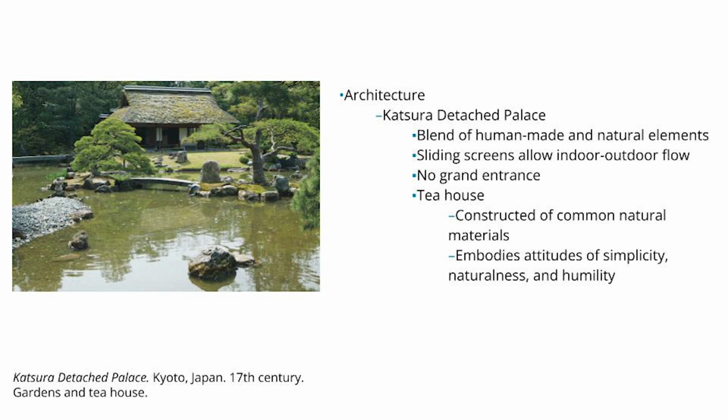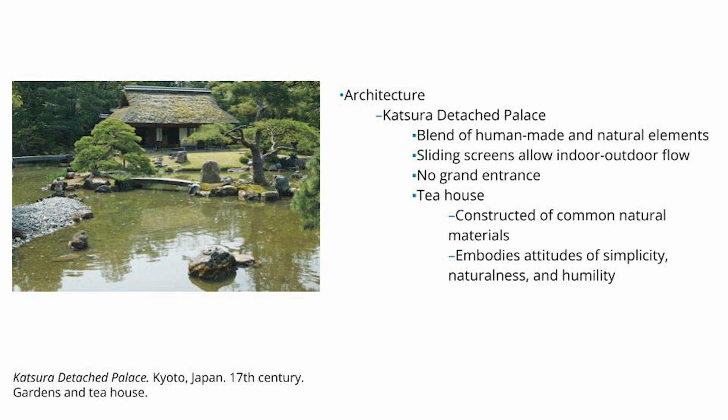And there was no real grand entrance here. It was really down to earth. This was actually a tea house, which was constructed of common natural materials. And it embodies the attitude of simplicity, of naturalness, and mostly of humility. So this is a lot less flashy and a lot more down to earth as an example of some architecture here.